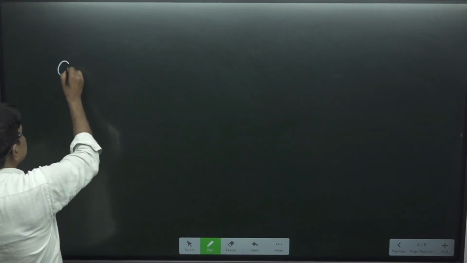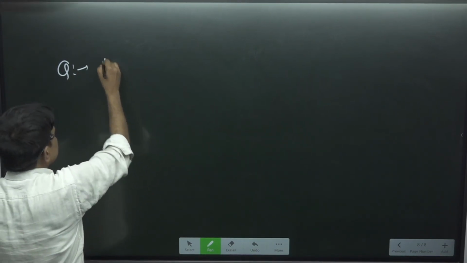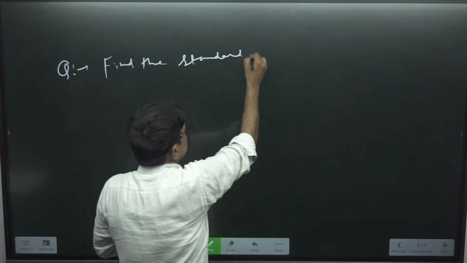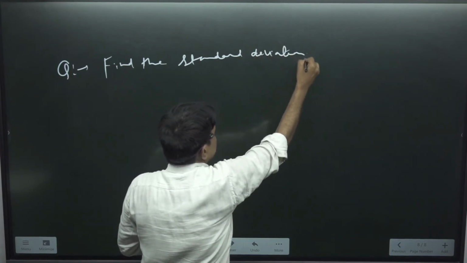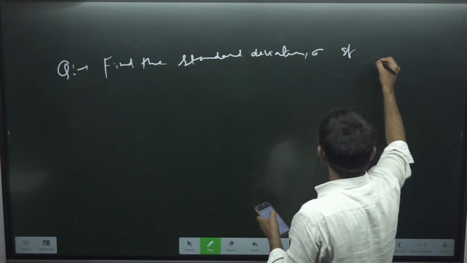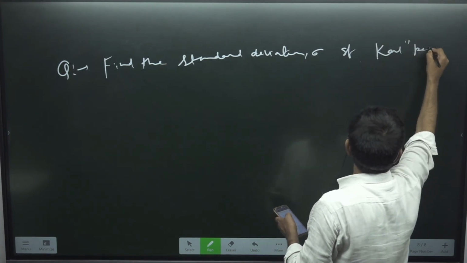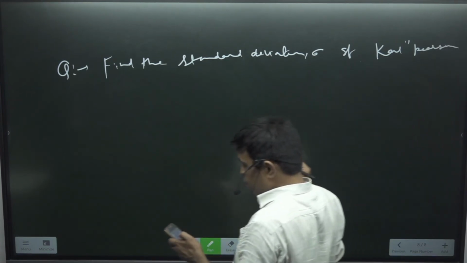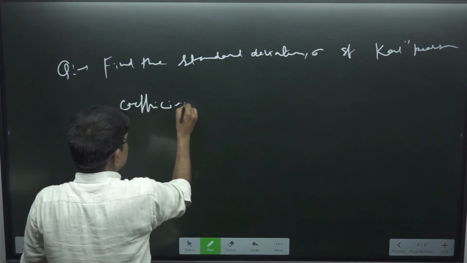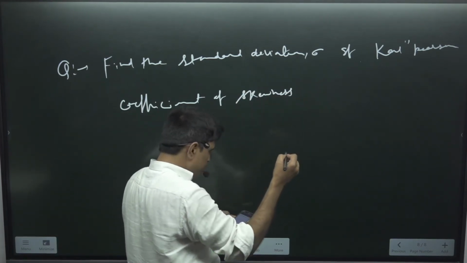Question is that find the standard deviation sigma, ठीक है, if Pearson's coefficient of skewness is given.